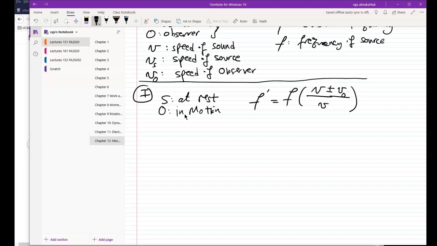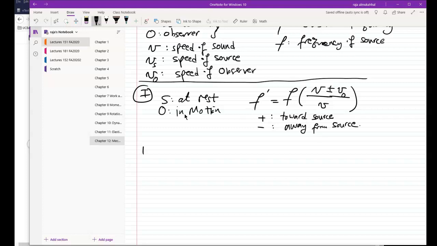Well, it depends on the problem. You pick plus if you're moving toward the source. You pick minus if you're moving away. Okay? I'm just going to write down the formulas now, and then we'll do examples, okay? Just bear with me.